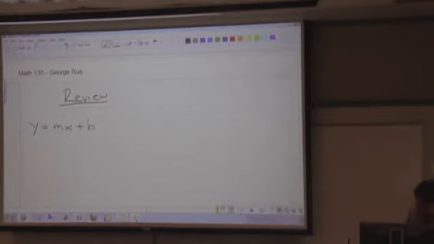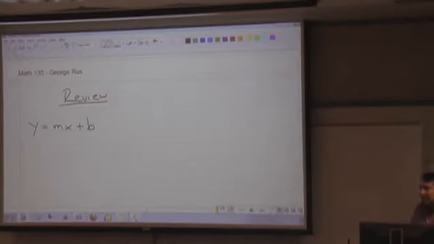What don't you remember? Let's start off slowly. What is this? What is it? So it's the equation of a linear, or it's a linear equation, right?